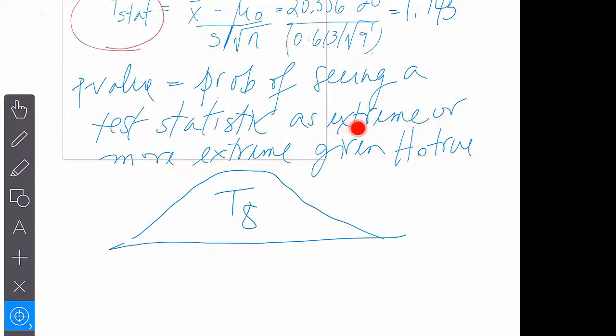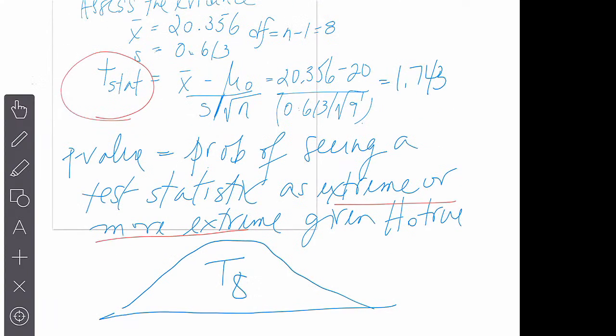So what it's saying is go into the tails in the direction of the alternative hypothesis. So with a p-value, you always use p-value together with the alternative hypothesis.